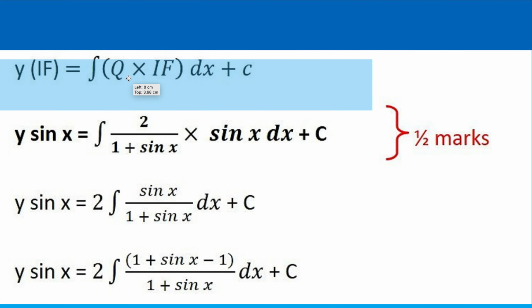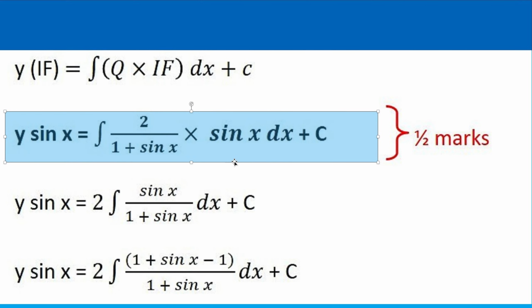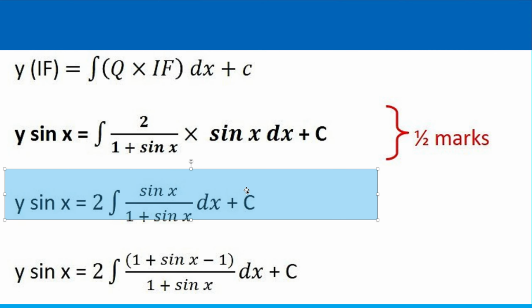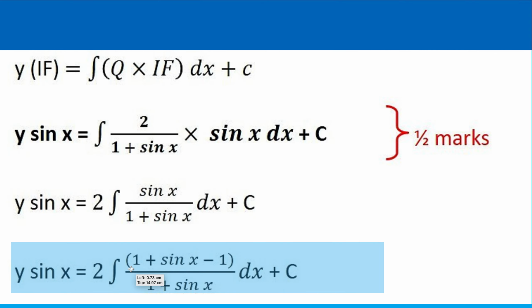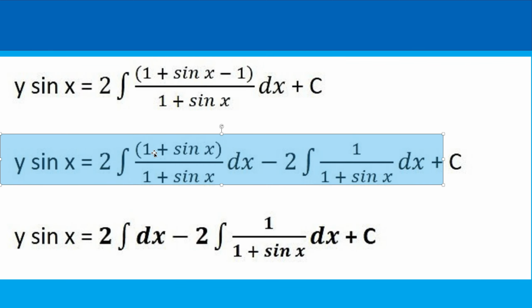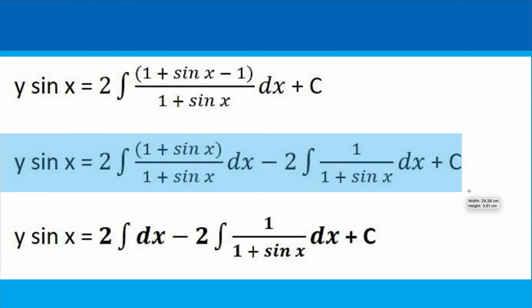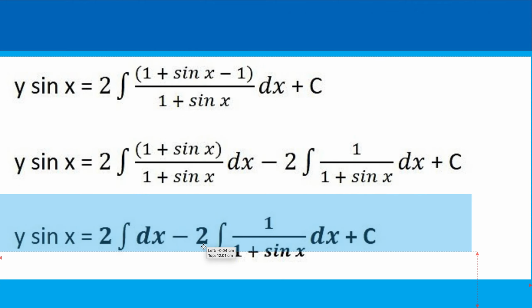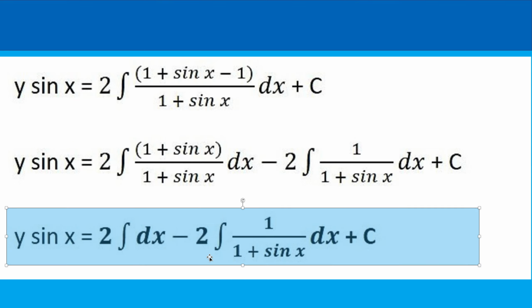So once we do that, we put the values as required, and then we begin to simplify the equation. So we take out the coefficient, we add and subtract 1 in the numerator so that we can split it into 2 terms, which will make it possible to solve it further, right? And then we get our values.